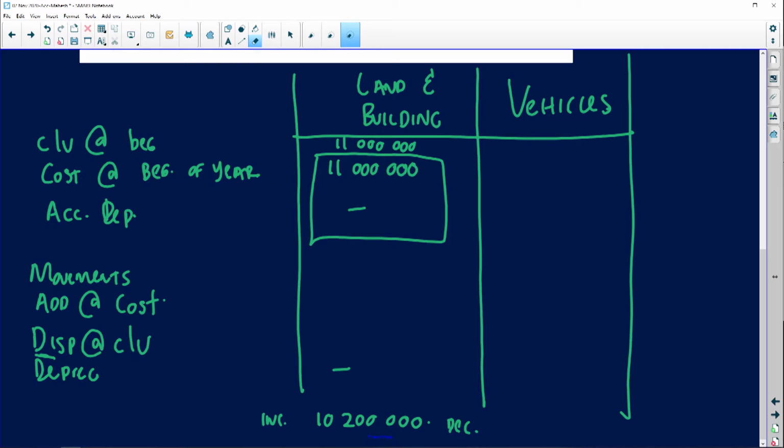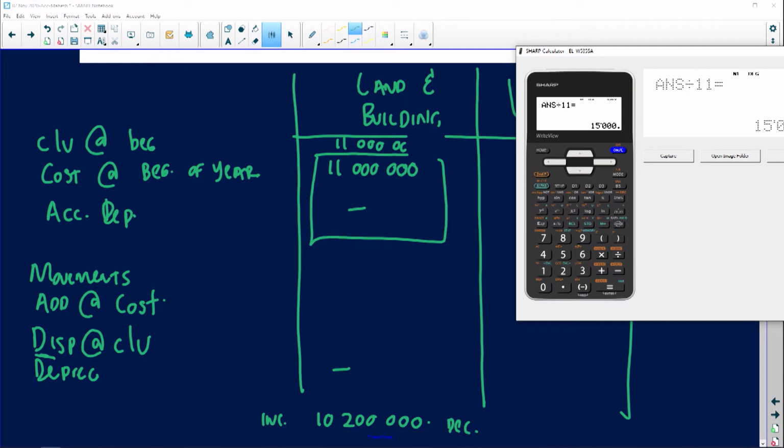So there is a disposal for land and buildings, because if we compare carrying value at the beginning of the year to my carrying value at the end of the year, I can clearly see there is a difference. Okay, so let's look at the value of the property that we've disposed of. So 11 million minus 10,200,000.